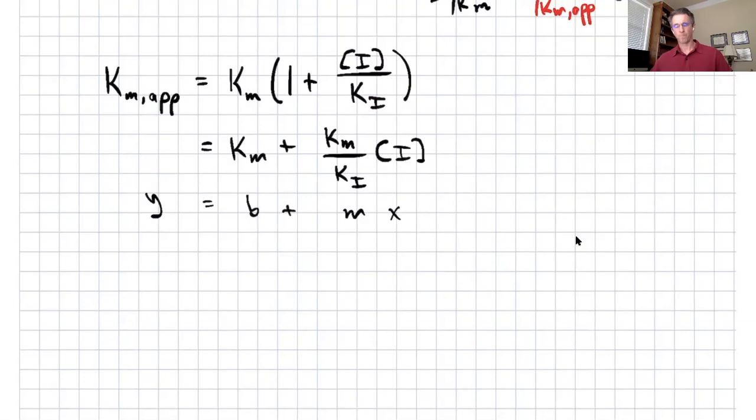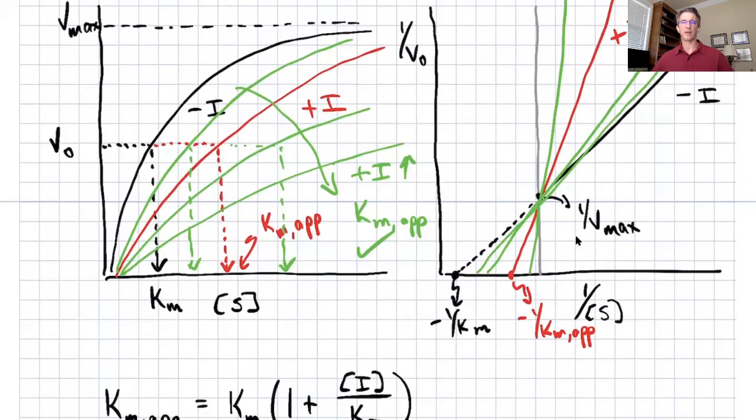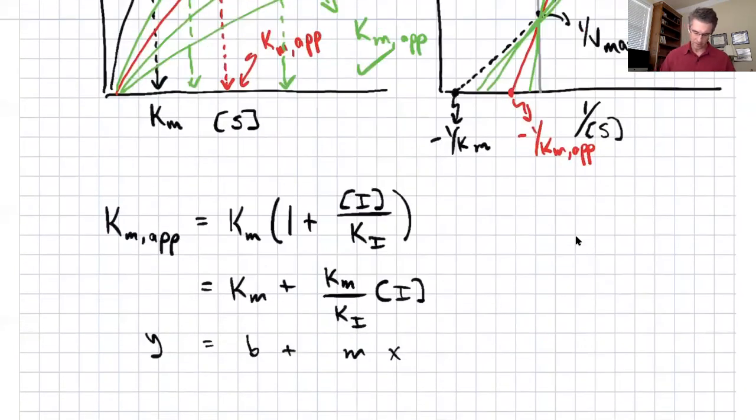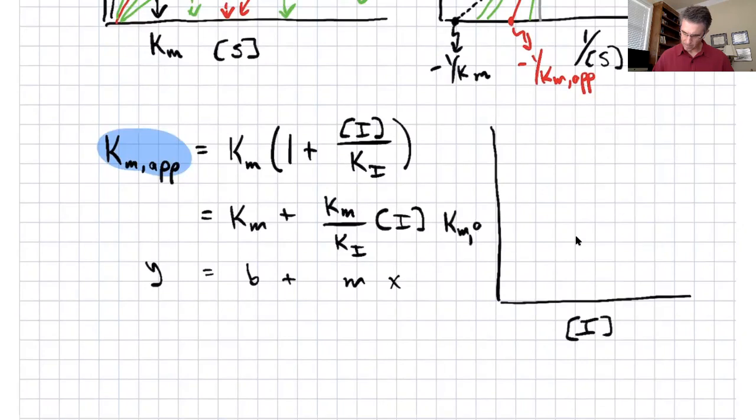It's a line. So from a family of experiments done like this at different inhibitor concentrations, one would take those apparent Km values and plot them out as a function of the inhibitor concentration. And out of that, if you've done it right, and the enzyme is doing what you think it's doing, you should then get a straight line.